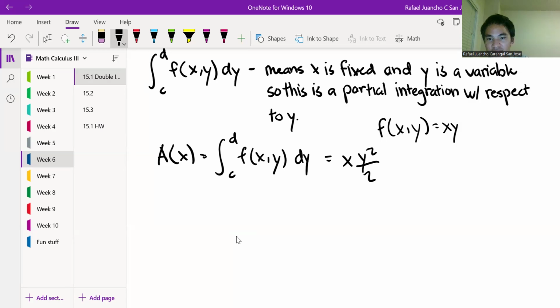Also, we don't need to add the constant because it's a definite integral. Now we have that. But then again, it will depend on what our x value is. So if our x is 2, then this is just y squared. If our x is 1, then this is y squared over 2. Stuff like that, right? So that's what I mean.